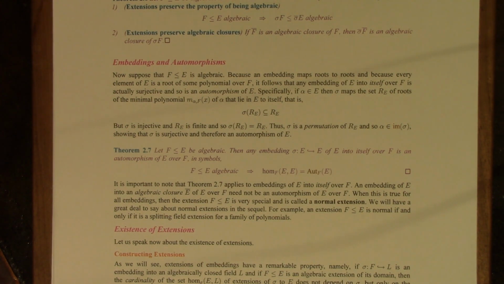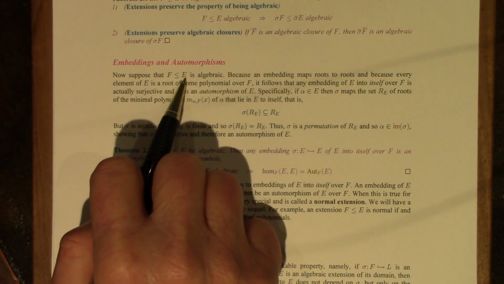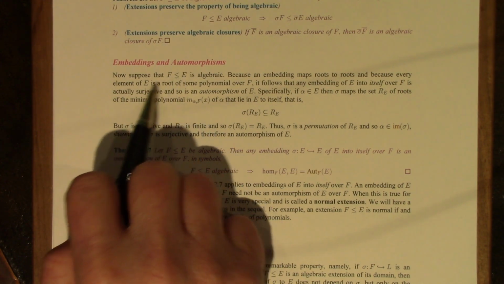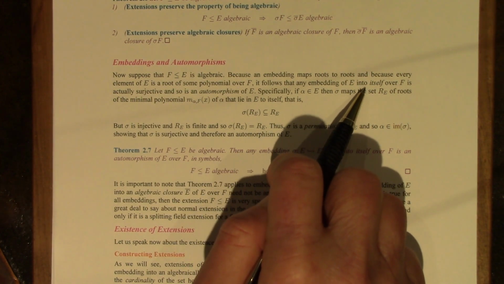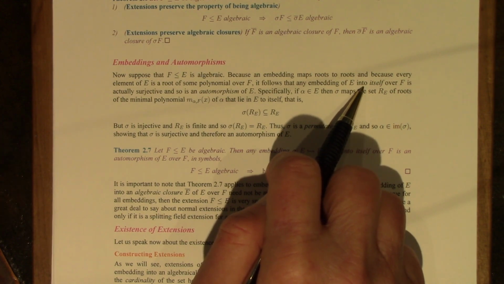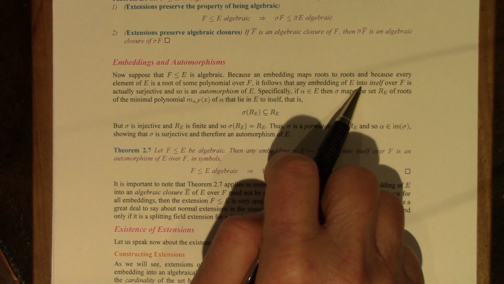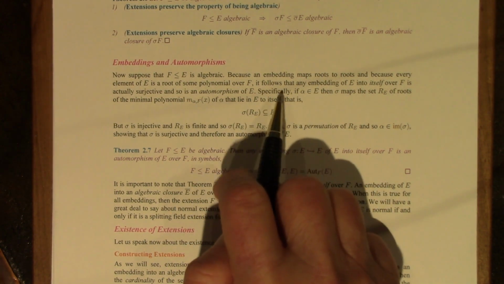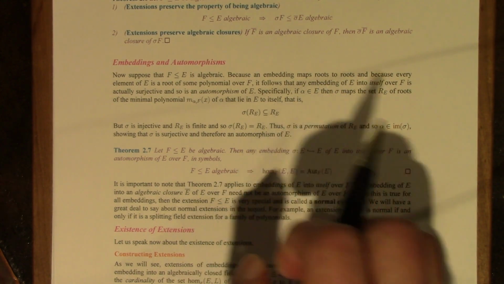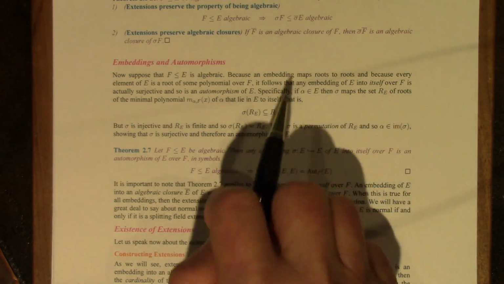And because every element of E, being an algebraic extension, is the root of some polynomial over F, it follows that any embedding of E into itself over F, so it's fixing the base field pointwise, is actually surjective. It's an automorphism of E. Let's look at that more carefully. That's not a proof, just a statement that the theorem is coming.